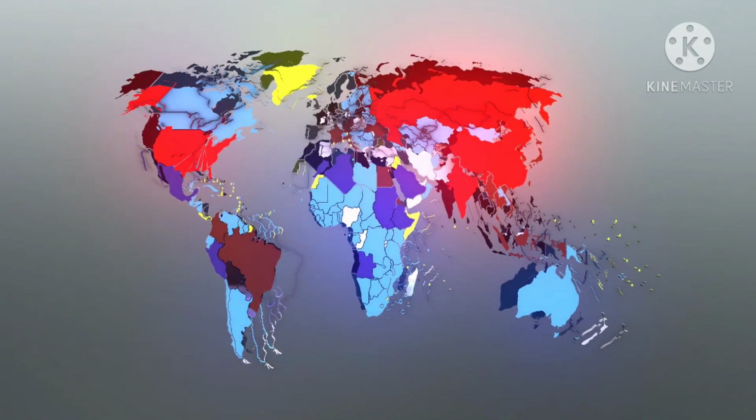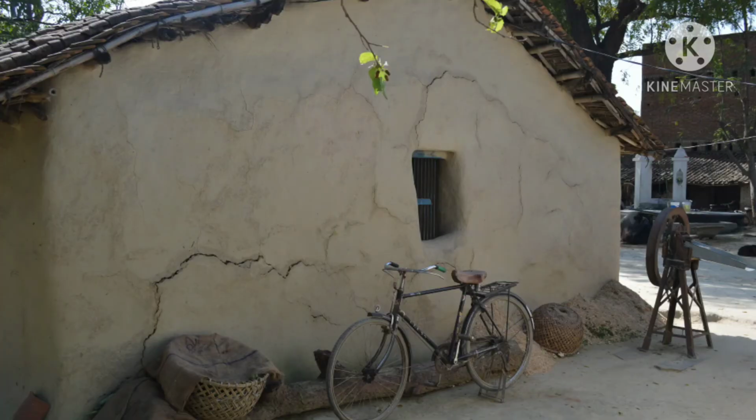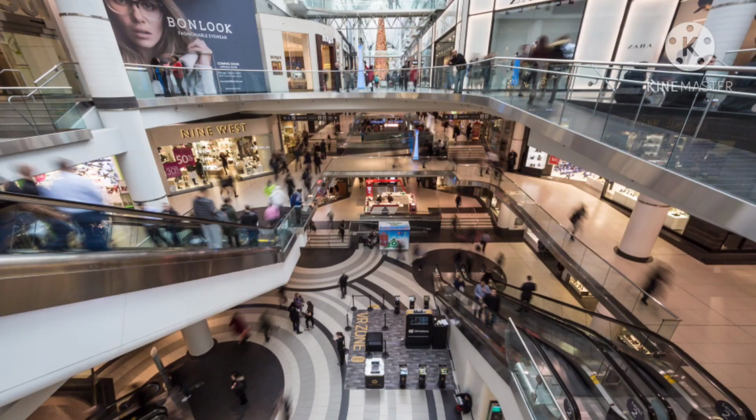The general trend of international migration is from the less developed nations to the more developed nations in search of better employment opportunities. Within countries, a large number of people may move from rural to urban areas in search of employment, education, and health facilities.